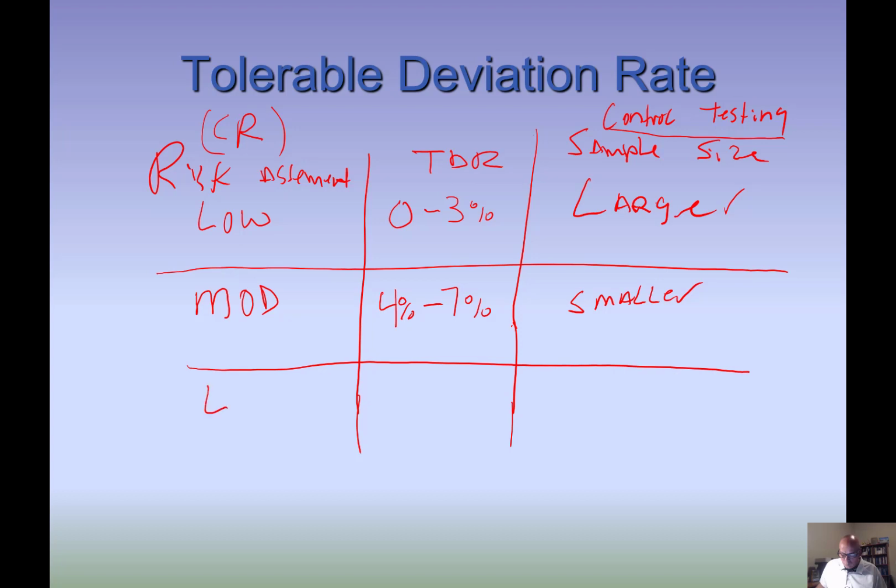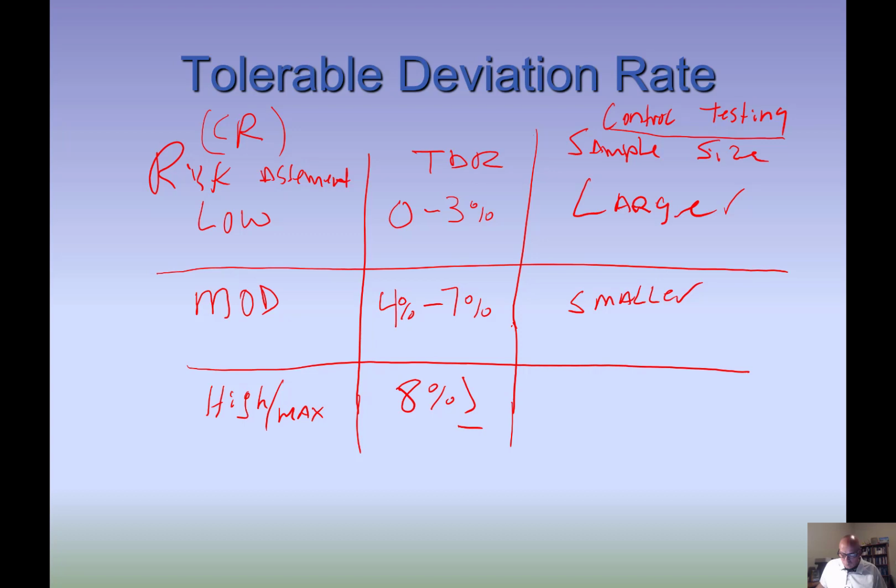Now let's think about this. If, and the literature tells us that you're at a high control risk, you set your control risk at the maximum. High or max. There's no requirement that we use a certain adjective to describe our assessment of our control risk. They're telling you if that's the case, you're probably dealing with tolerable deviation rates of 8% or more.